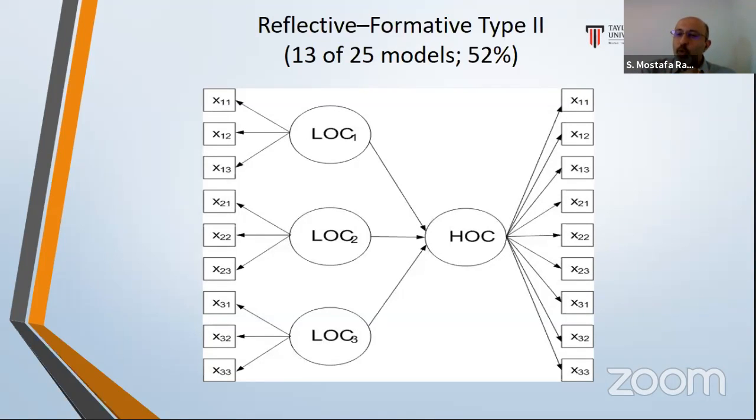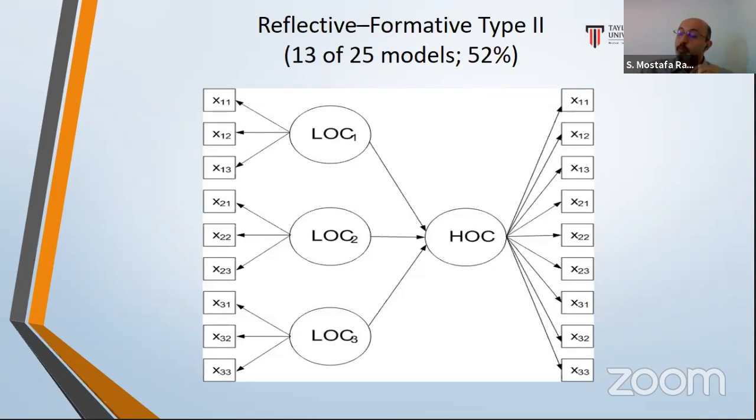Here, I would like to add the reflective composite construct also. If we go to the literature and see this type of construct, most of the models that we have seen as reflective formative are actually reflective composite, but composite can fall under formative.